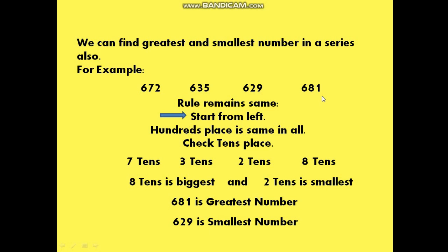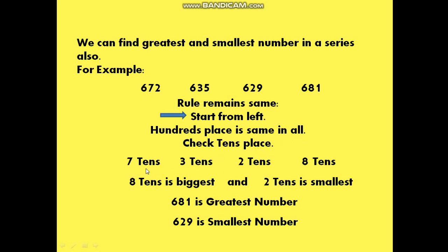681. The rule of comparison remains the same. We first check the number of digits. If it is the same, we start from the left side. Here if we look, the hundreds place is the same in all. Then we check the tens place.